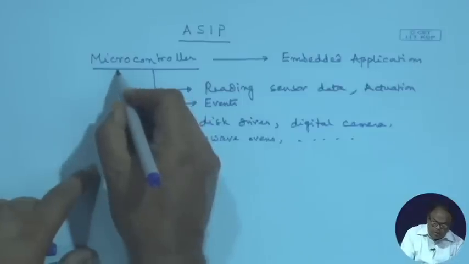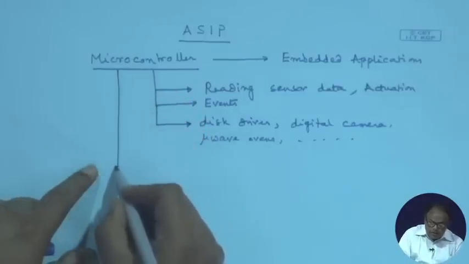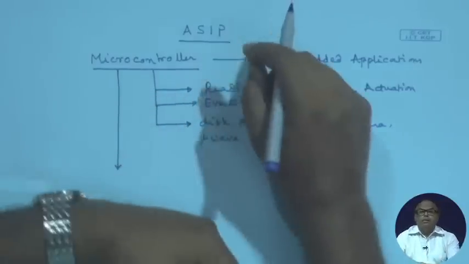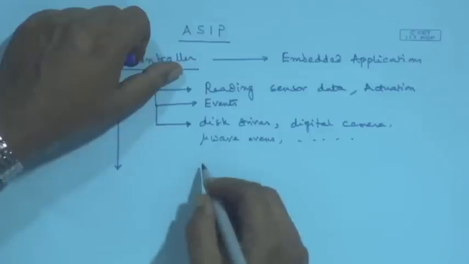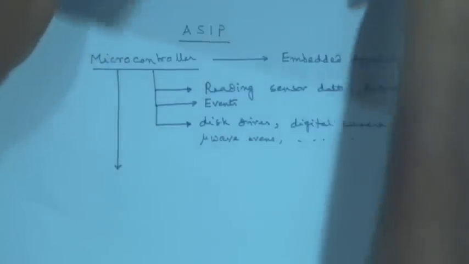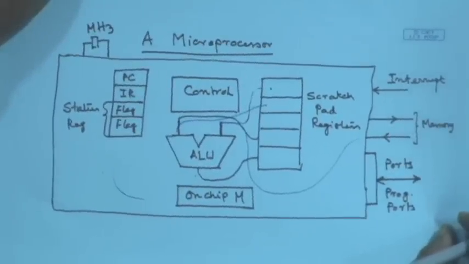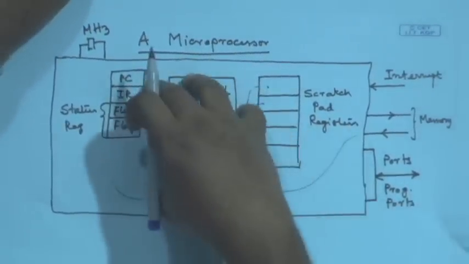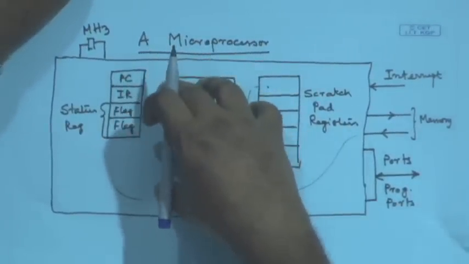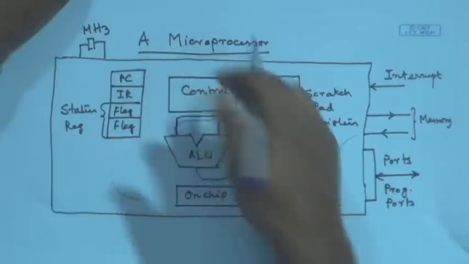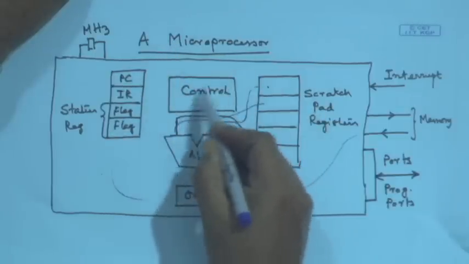Now, how does the microcontroller differentiate itself from a microprocessor? We have seen the diagram of a microprocessor here, but in addition to that, for example, the instruction set of a microcontroller will be much less. So, the control circuitry will be simpler.